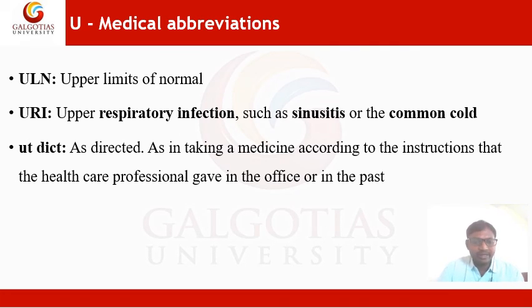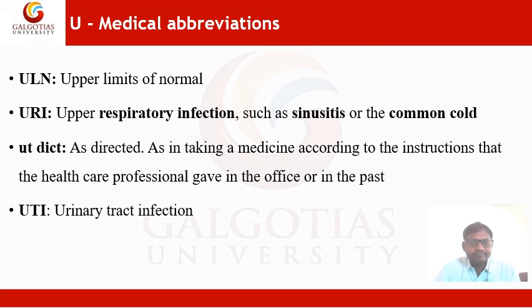UT dict means taking medicine as directed, according to the instructions the health care professional gave in the office in the past. It means medicine as directed by the doctor. UTI, urinary tract infection.